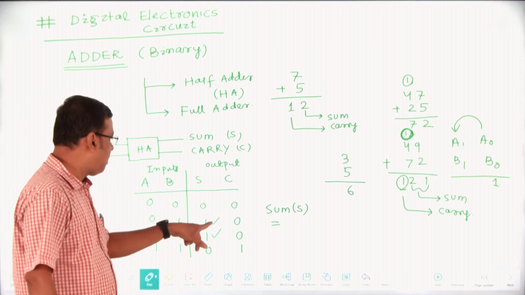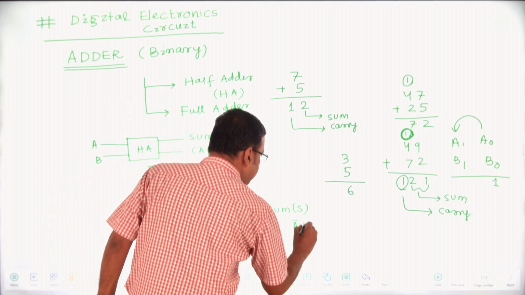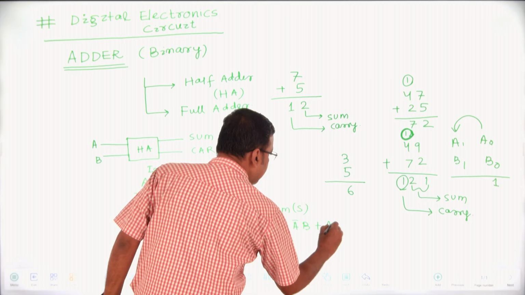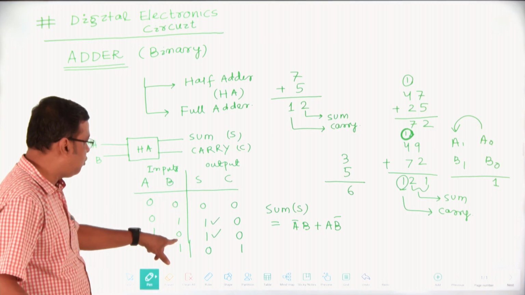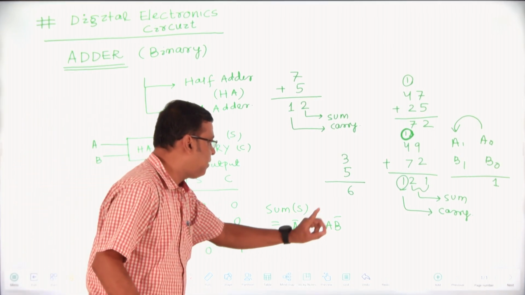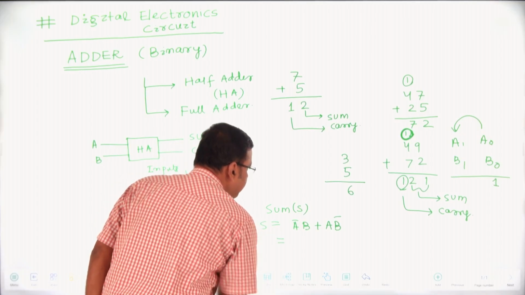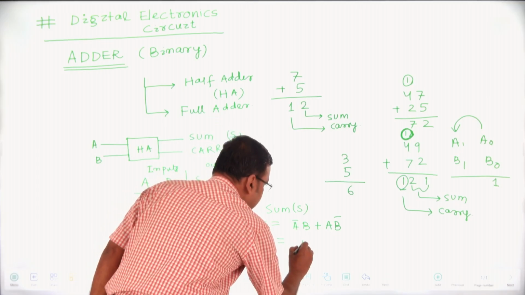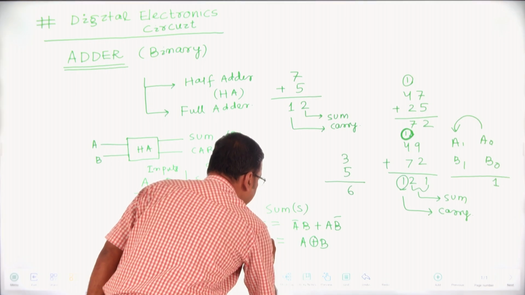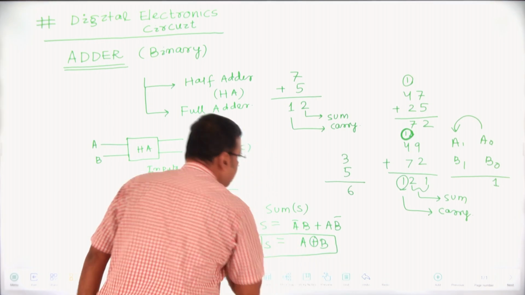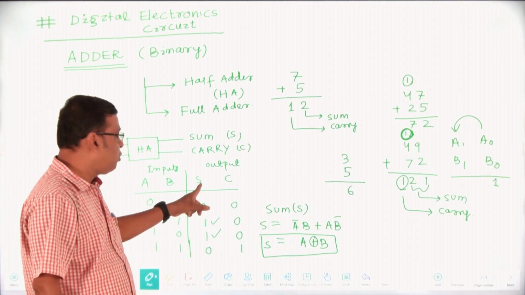Here S equals A bar B plus A B bar. If you minimize this, A bar B plus A B bar is nothing but A XOR B. So sum S equals A XOR B.